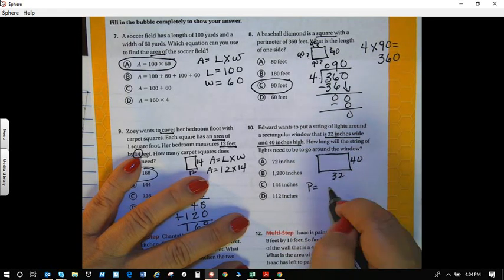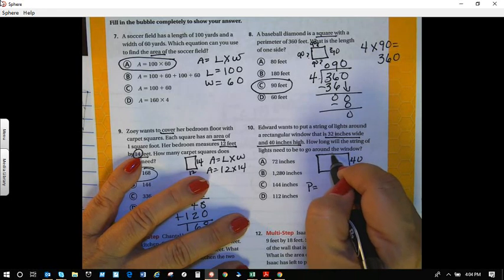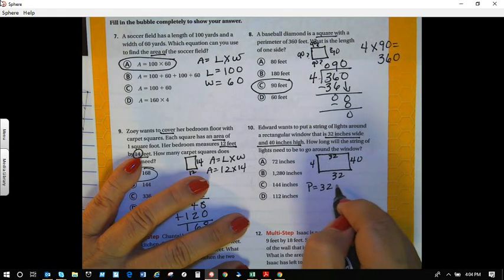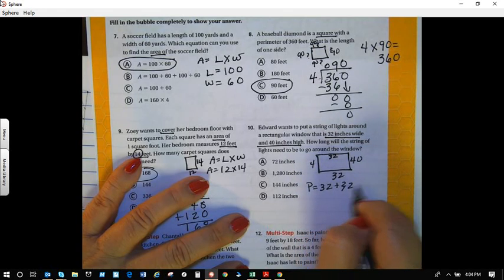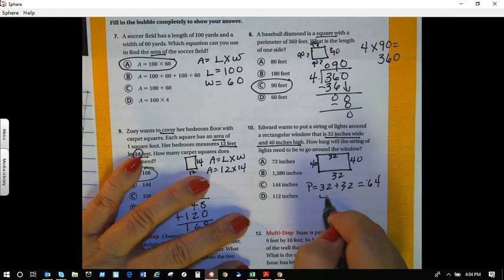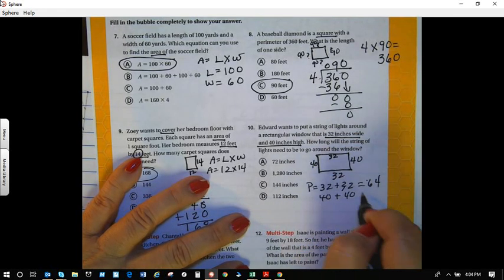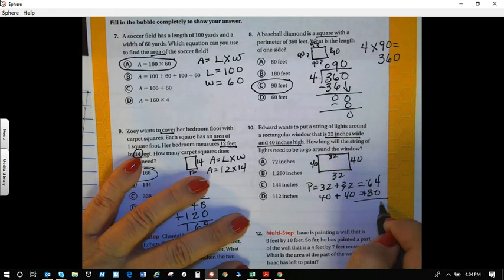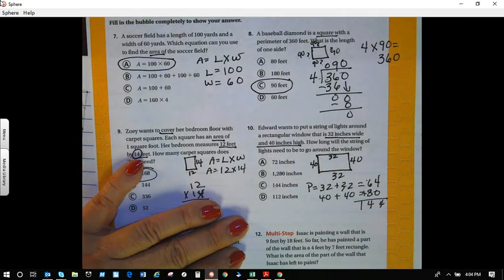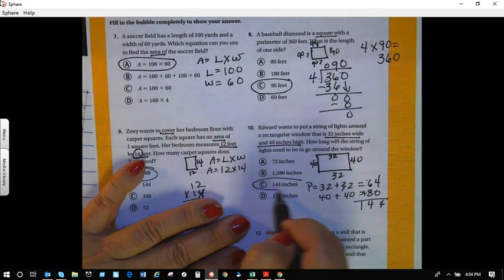Now I'm going to add both sides. 32 plus 32 equals 64. 40 plus 40 equals 80. Add these together. So it needs a total of 144 inches to go all the way around the window.